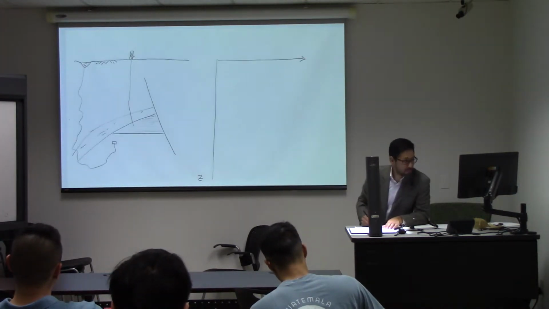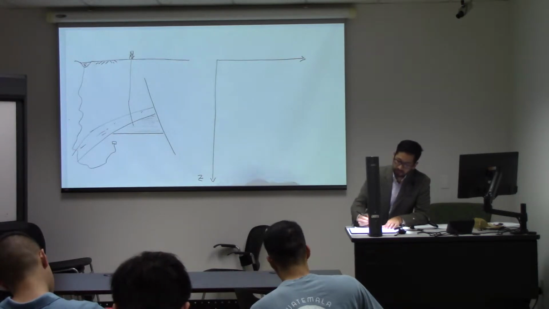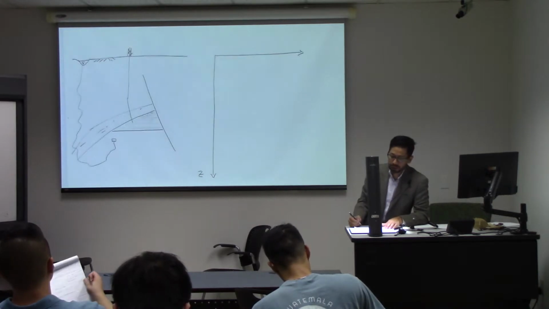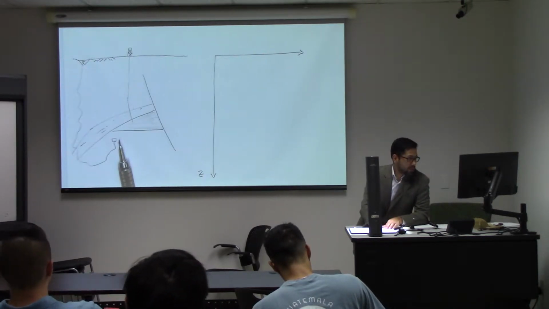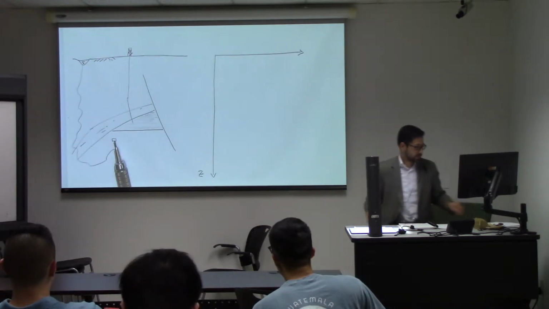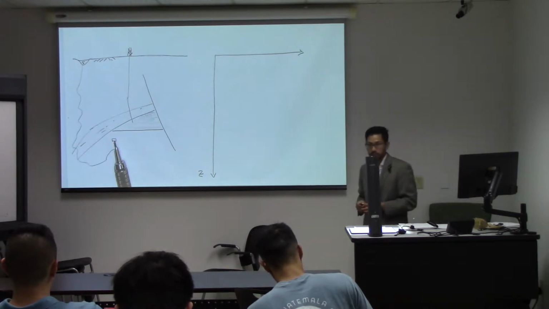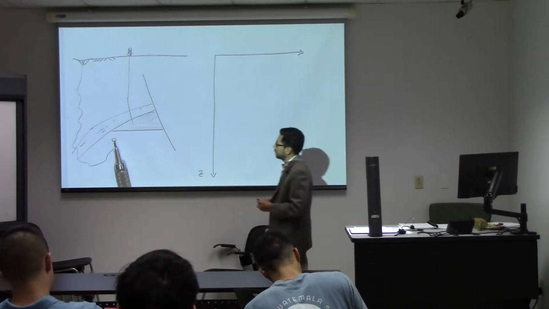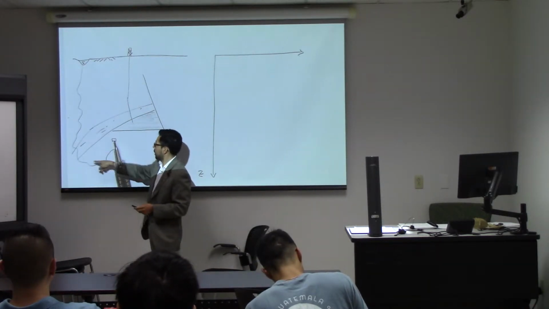So as usual, we put depth in the vertical axis going down, and here we'll measure pore pressure. What is the pore pressure at this point? I'm telling you there is a connected path that goes from there to here.